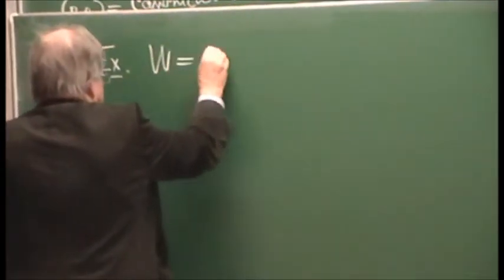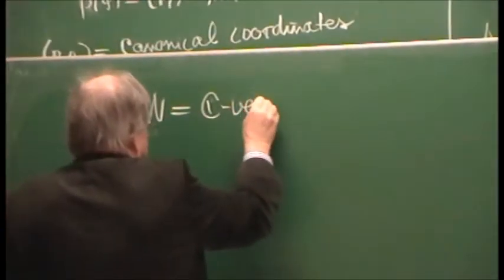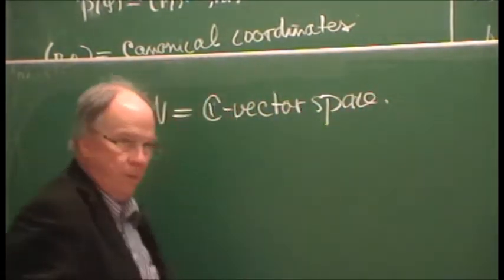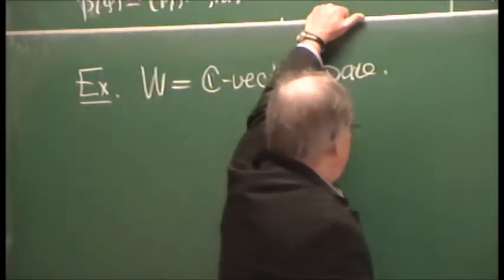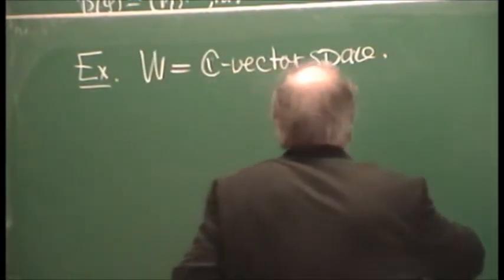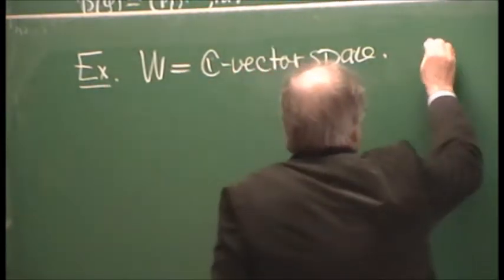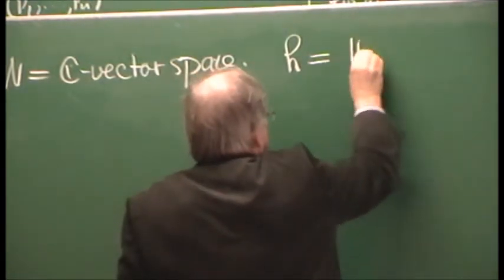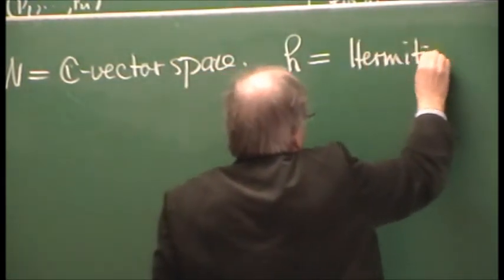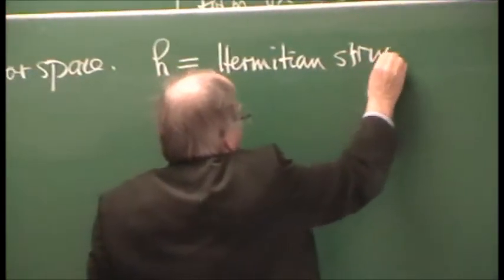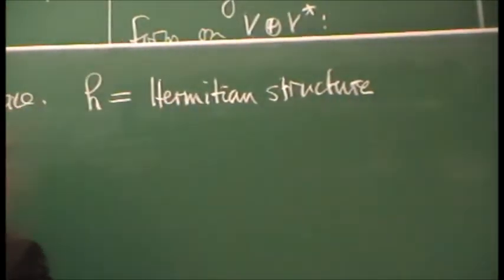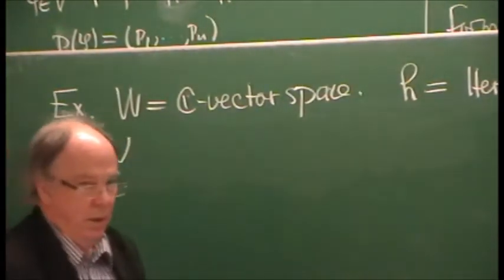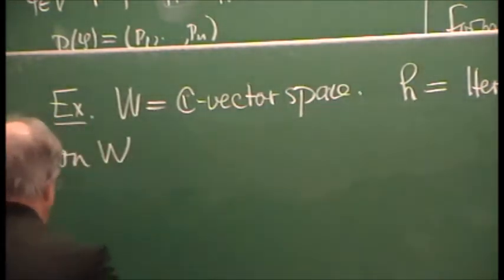Let W be a complex vector space, and let H be a Hermitian structure on W. Now here I mean not necessarily positive definite, just non-degenerate.